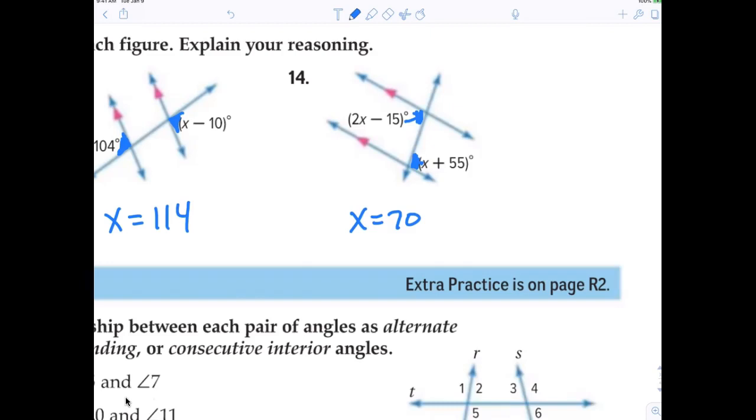I haven't measured them, I don't know that they're equal, but I know they're both what? Obtuse. They are both obtuse. Because they're both obtuse, that makes them what? Equal. So now in your head, all you got to do is say 2x minus 15 is equal to x plus 55, and solve that equation.